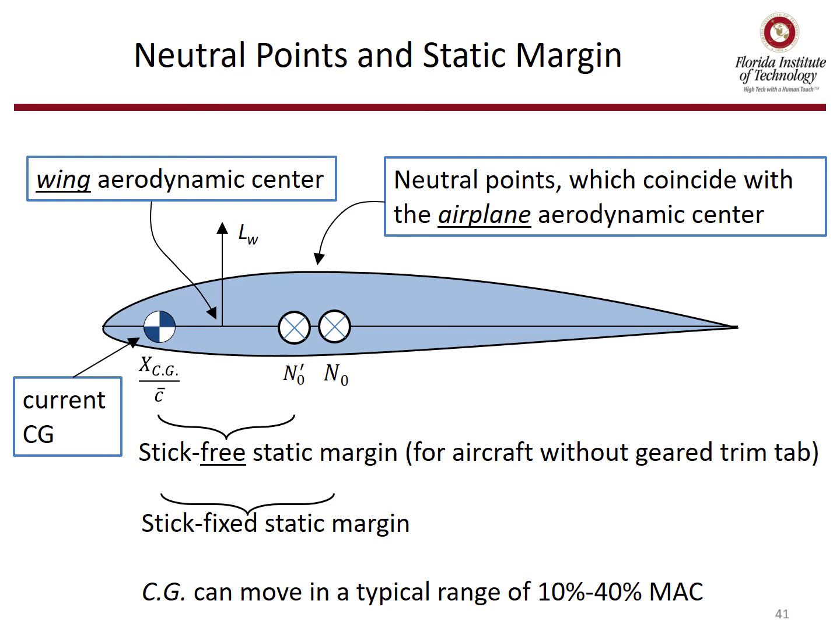And so then we calculated different neutral points. We measured those from flight test data, and we have either a stick-free neutral point or a stick-fixed neutral point. The distance between the CG and either of those two neutral points is called a static margin. For an aircraft that doesn't have a gear tab or any other gimmick devices, typically the stick-free static margin will be less than the stick-fixed static margin.